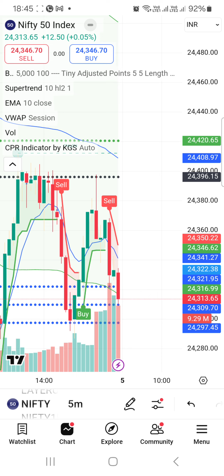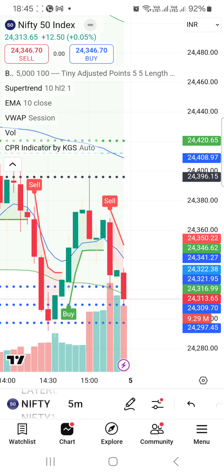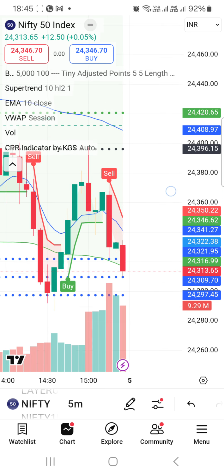So the first 3 indicators: Big Beluga for understanding liquidity zones, Supertrend for buy and sell signals, and EMA as one more confirmation signal. Usually we don't need to go with the EMA indicator alone. It's a confirmation.